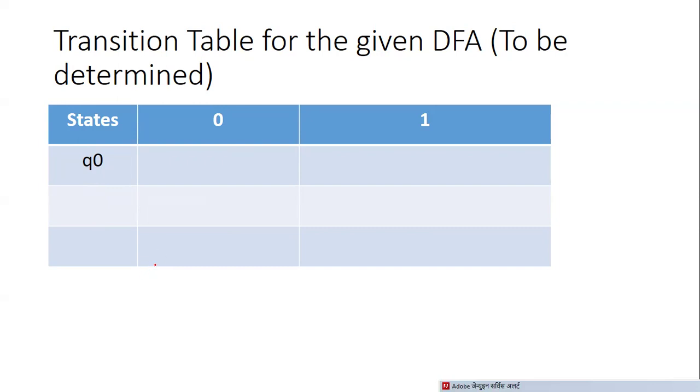Now we are going to determine the transition for this initial state Q0. How can I determine the transition function? Here delta 1 is the transition function for the DFA. First, I am going to determine delta 1 of Q0, comma 0, which is equal to delta of Q0, comma 0.